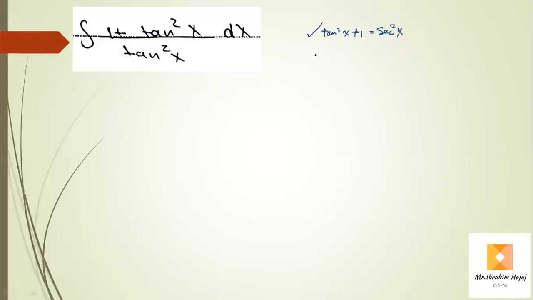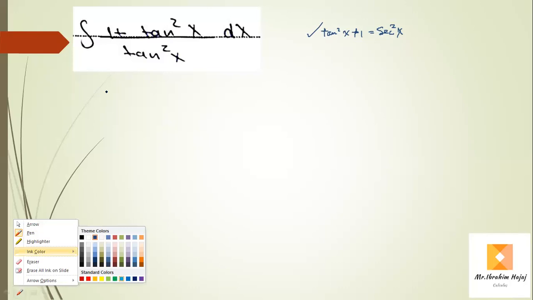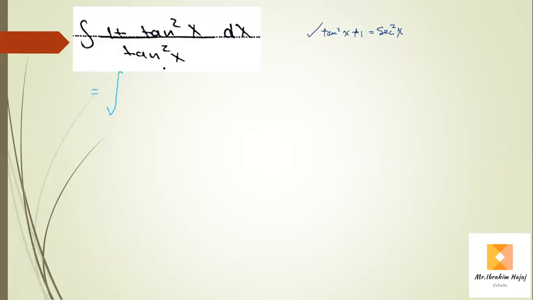Then the integral becomes sec squared x over tan squared x. Then we can also convert tan squared x to sec squared x minus 1.